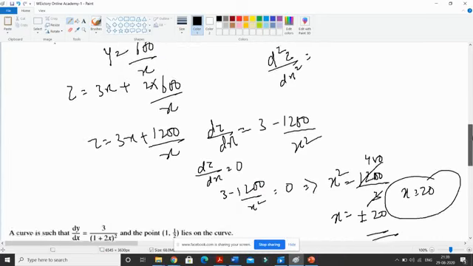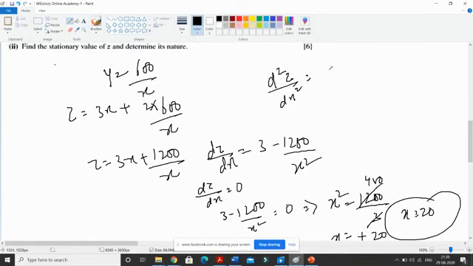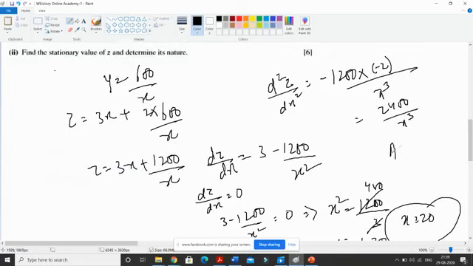that will give you minus 1200 into minus 2 over x cube, which is like 2400 over x cube. And if you substitute x equal to 20 here, what will you get?